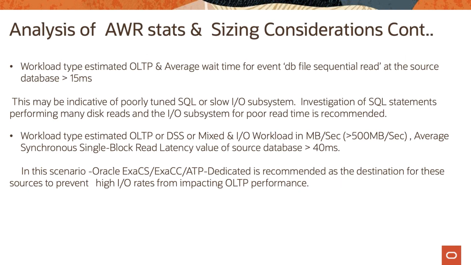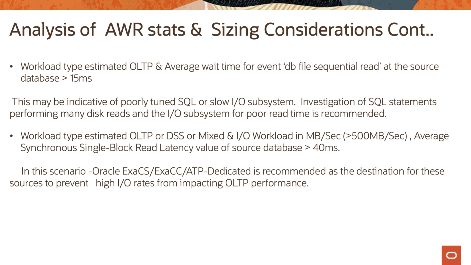Another interpretation: if the workload type is estimated as OLTP and average wait time for the event db file sequential read is greater than 15 milliseconds, that indicates poorly tuned SQL or a slow IO subsystem. Investigation of SQL statements performing many disk reads, and of the IO subsystem for poor read times, is definitely recommended.